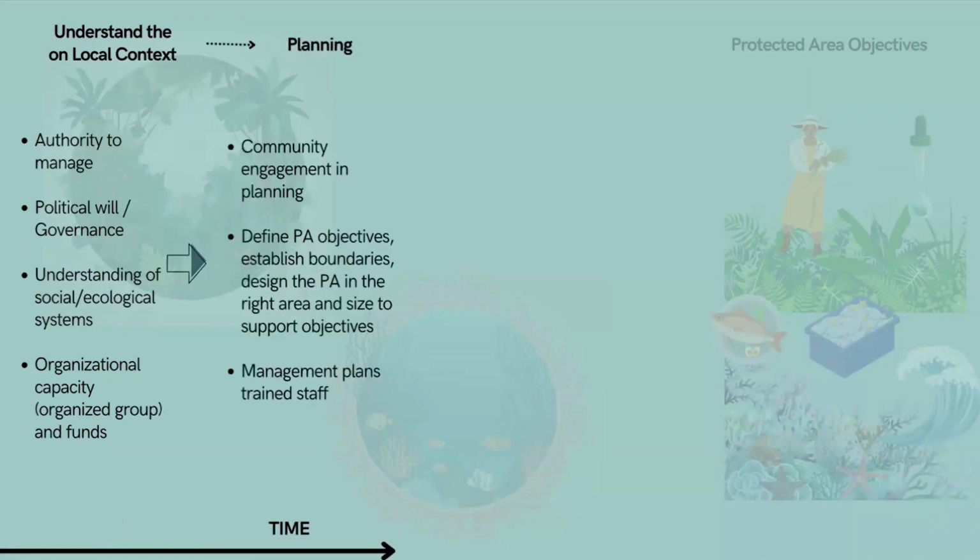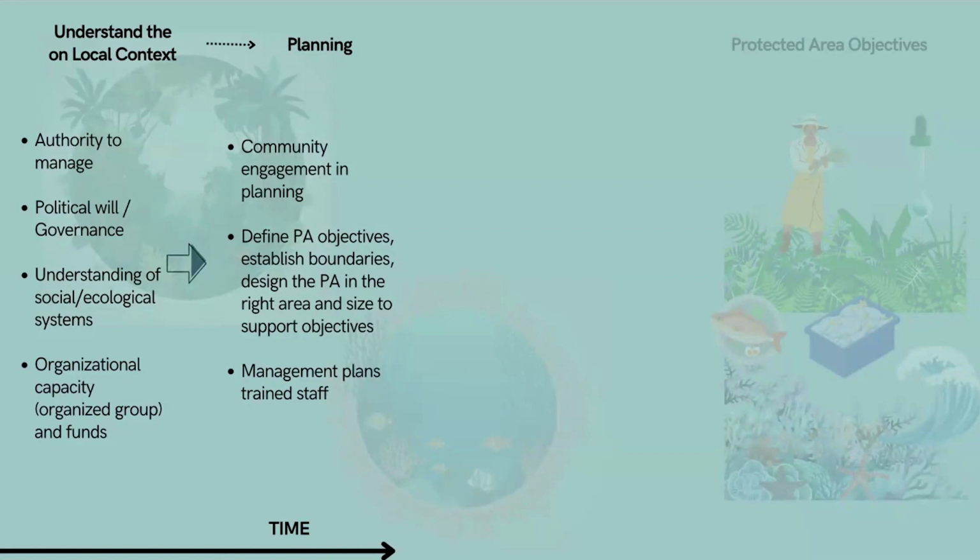Planning is another step of the adaptive management cycle, and some key activities in this step are community engagement. So you guys mentioned that, having community engagement and buy-in so that their interests are represented and they help define what's happening at the site and what outcomes they want to achieve.